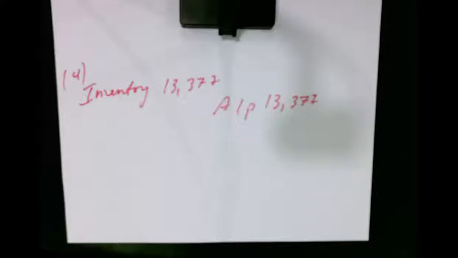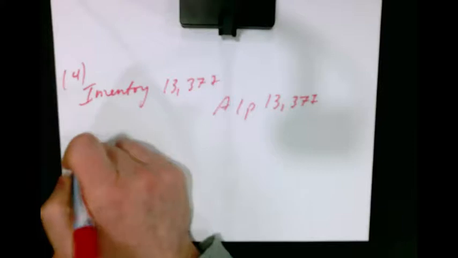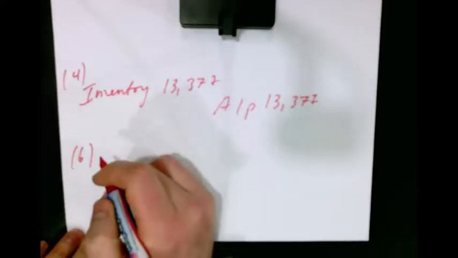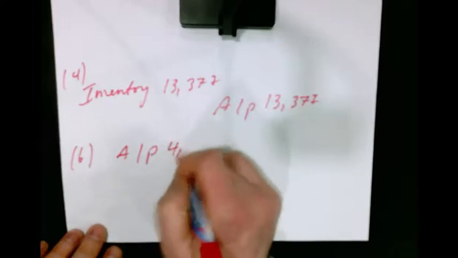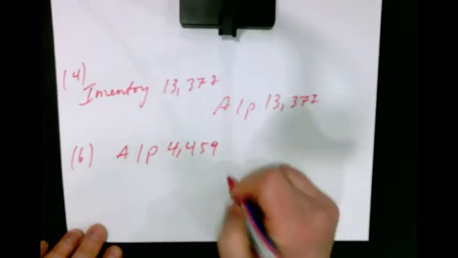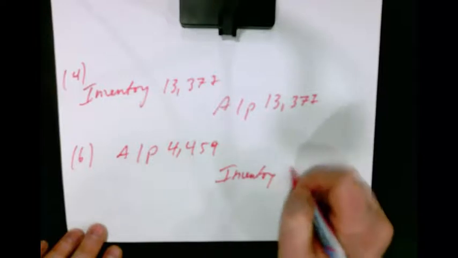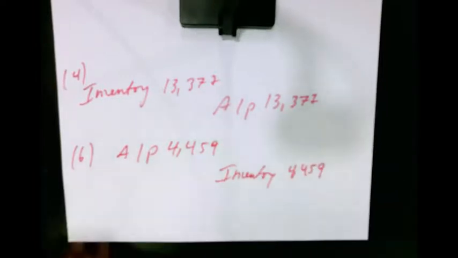So you need to record 98% of 4,550, which is 4,459. In this particular case you debit accounts payable for the return of 4,459 and credit inventory for 4,459.